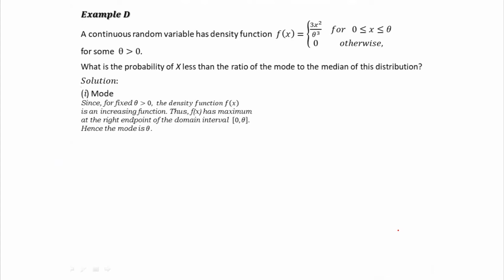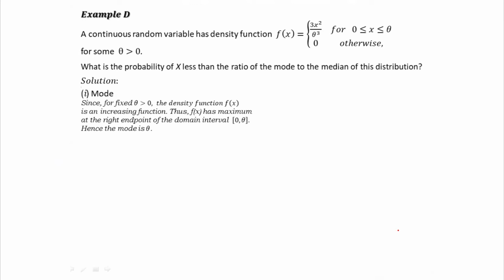And since for a fixed positive value of theta, the density function f of x is an increasing function, because this function 3x squared over theta cubed, where theta is a fixed constant, is a parabola opening upward.